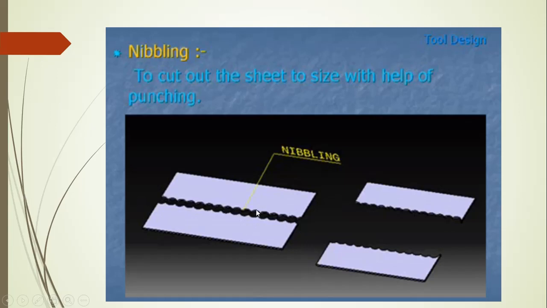Then to separate it, we punch along that line in such a manner that the first punched hole will be nearer to the second one, the third, fourth, fifth, sixth, and in that fashion, by using a number of punching operations, we separate out the two metal strips or two sheet metals. That is, to cut out the sheet metal to size with the help of a number of punching operations, which is nothing but nibbling.